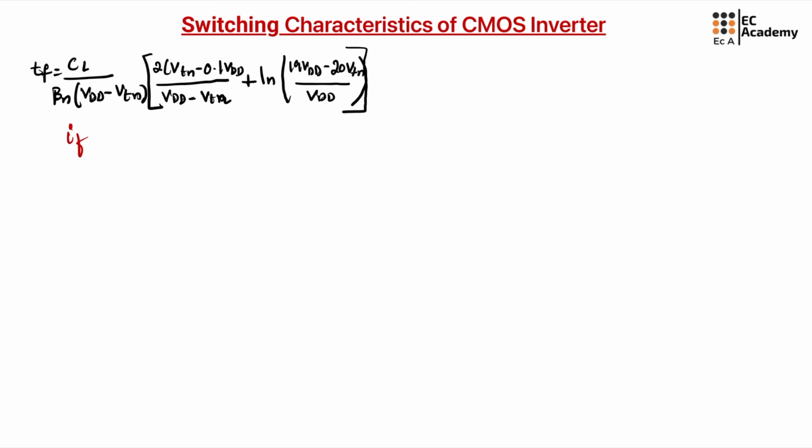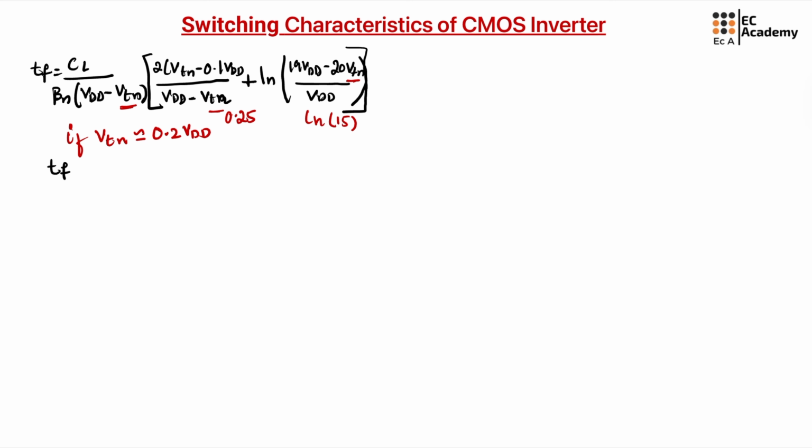Now if VTN is approximately equal to 0.2 VDD, so if you replace VTN with 0.2 VDD, this term will simplify to 0.25 and this term will simplify to ln 15.